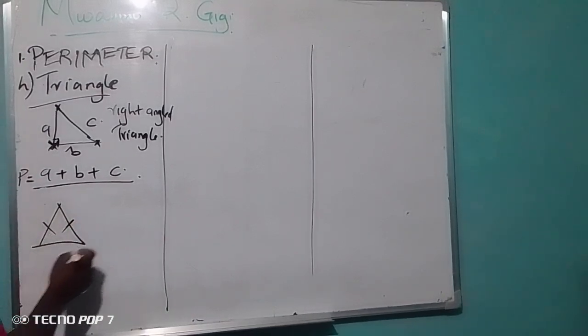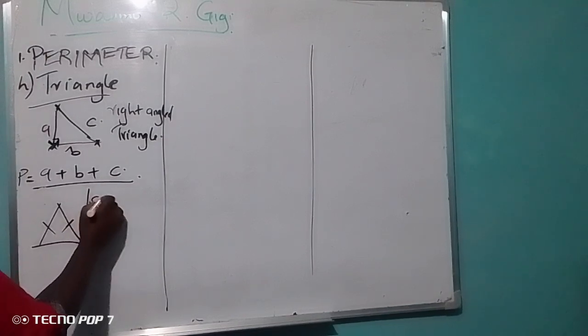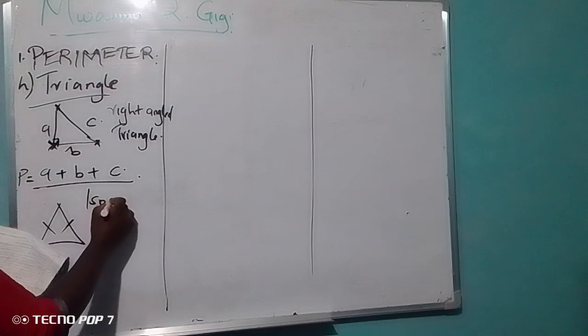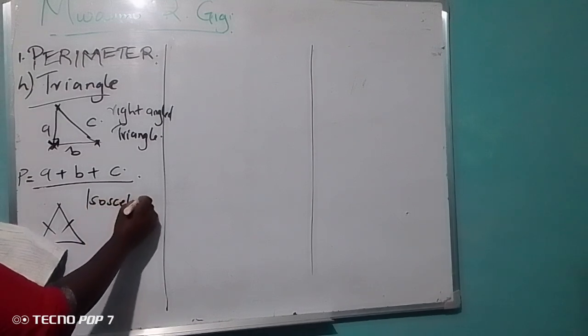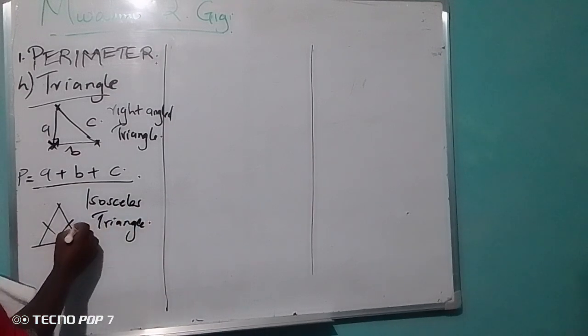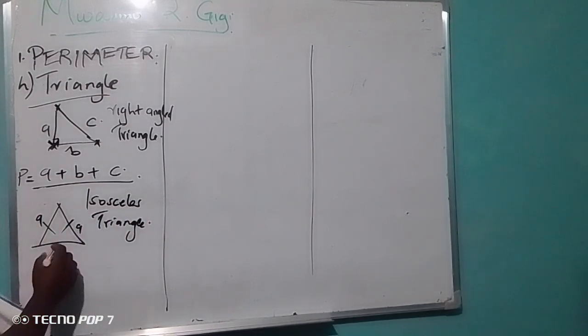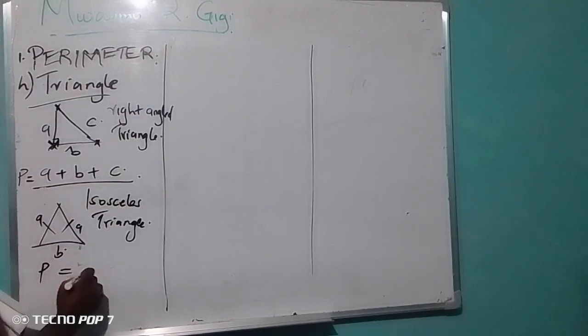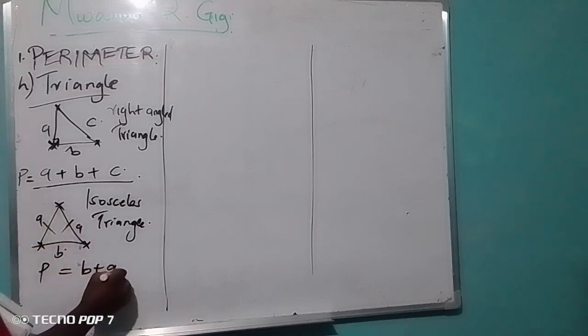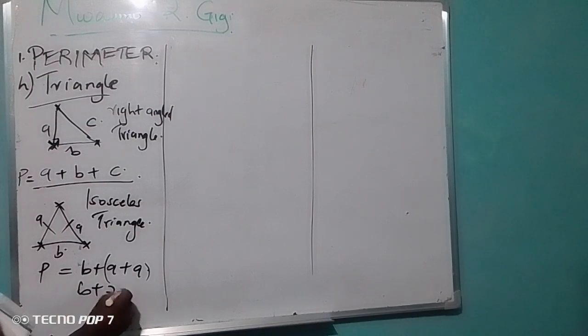Ingine tuko nayo ni ile yenye iko hivi, si ndio? Two sides are equal, inaitwa isosceles triangle. Two sides are equal. So if this is A, this will be A automatically, and this B. So itakuwa perimeter itakuwa B, tukitoka hapa plus A plus A. We collect the like terms, itakuwa B plus 2A.